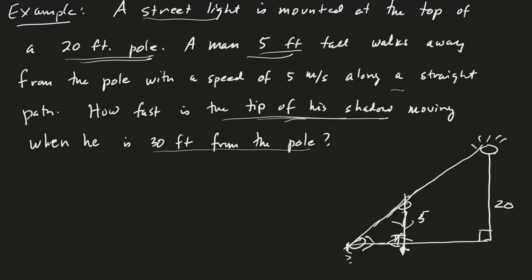Remember that the person is walking, right? So is this position going to stay fixed? Nope. It's going to be moving. And so when we say we want to find how fast the tip of the shadow is moving, we want to interpret that. We want to measure that from something that's fixed.